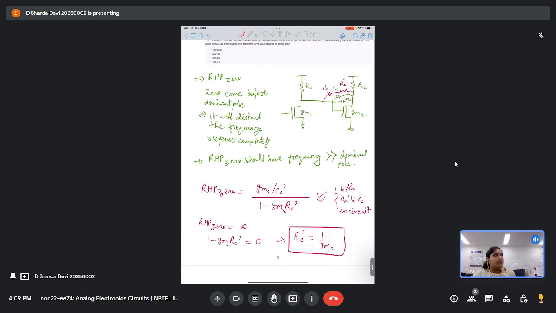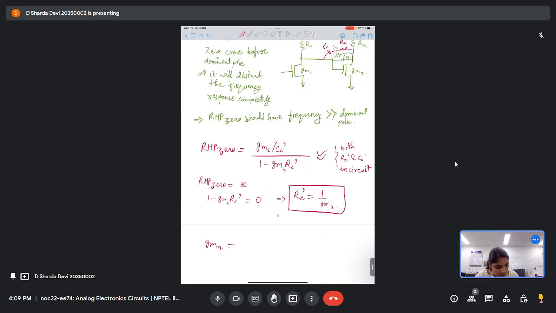So this is the final answer. Here Gm2 was already given. So Gm2 was how much? Gm2 is 1028 microsiemens.